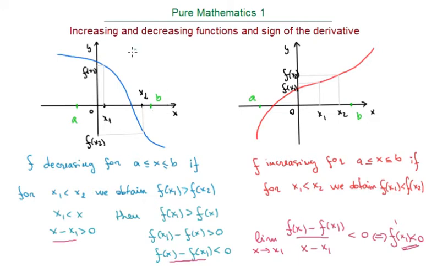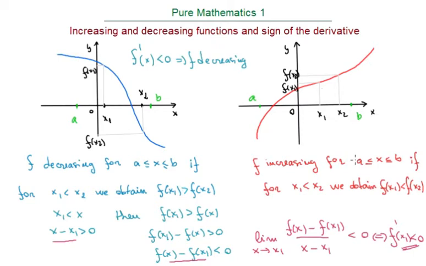This is a very important result, which we will write here. f dashed of any x being negative means f is decreasing. And like I said, it's very important because it can help us to tell whether or not a function is decreasing over an interval using differentiation.